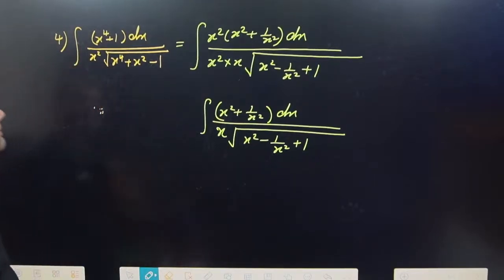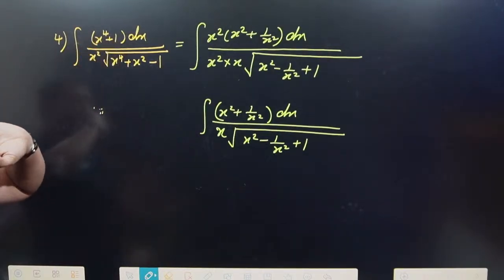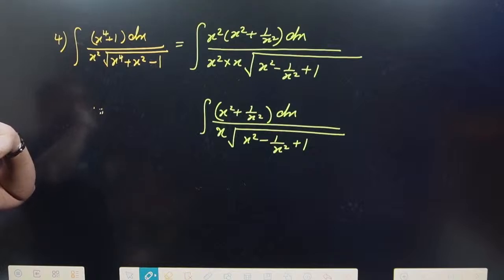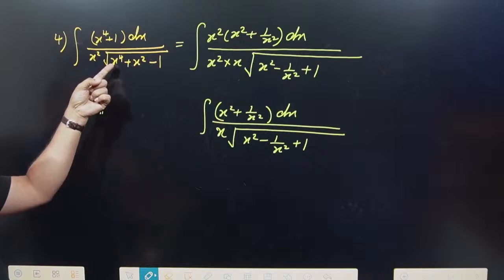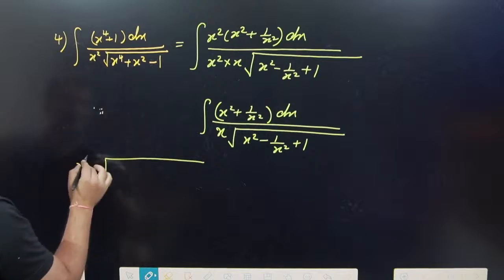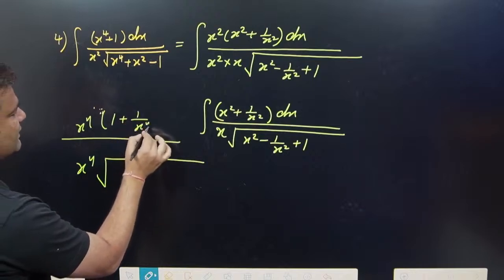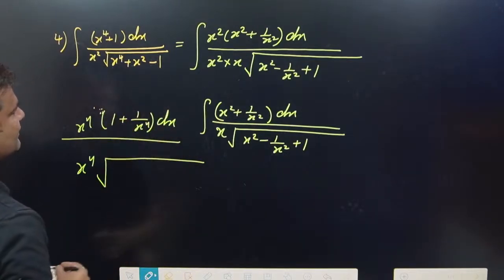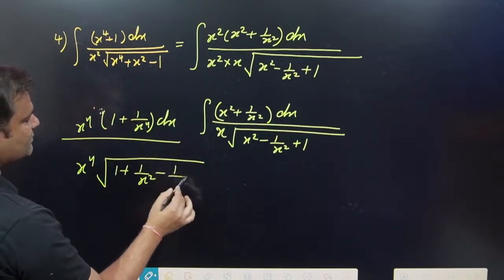If x to power 4 is made common, then it is written simply 1 plus 1 upon x to power 4 dx. And here, if x to power 4 is common, then we get how much? x to power 4 and here x to power 4. So 1 plus 1 upon x to power 4 dx, and that one is written how much? 1 plus 1 by x square minus 1 by x to power 4.